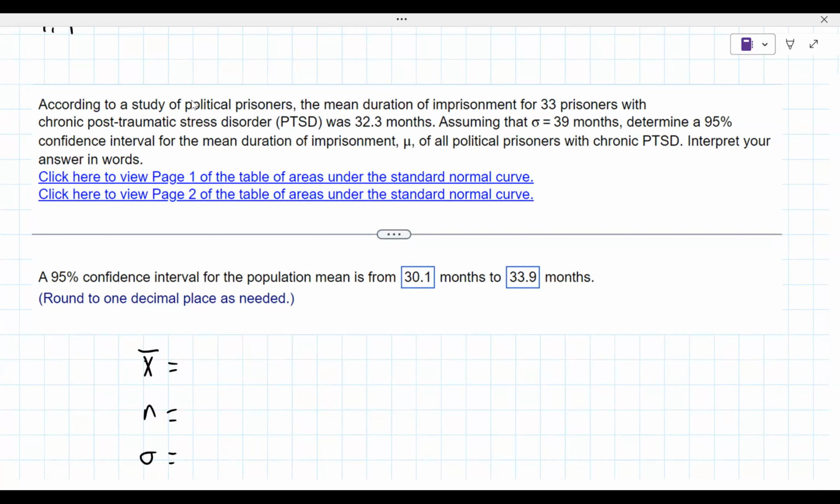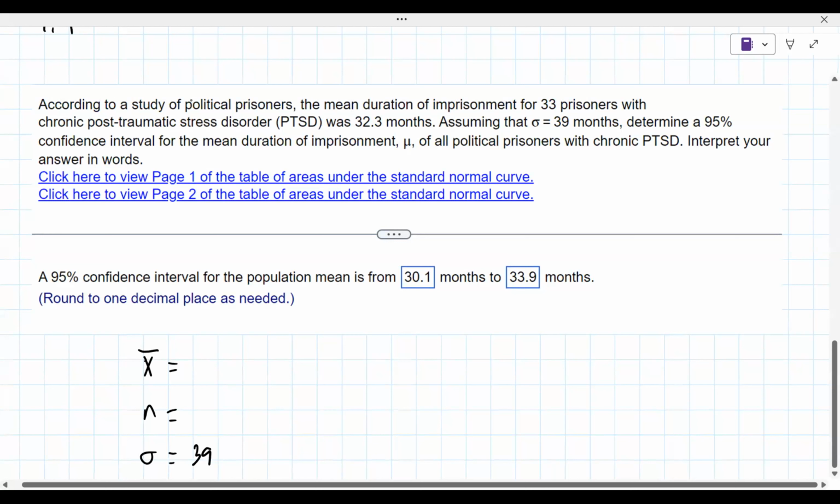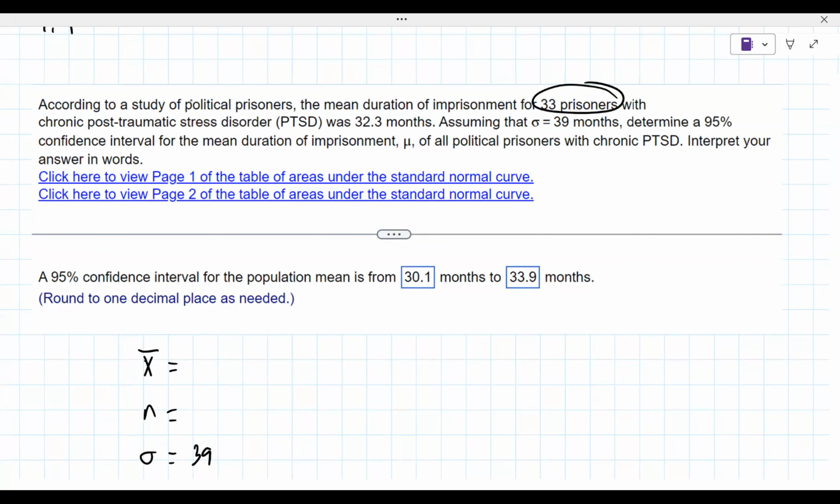So it clearly states that sigma is 39. Sigma is definitely 39. Good. How about N and X bar? The X bar is 33. No, 33 is the number of prisoners.